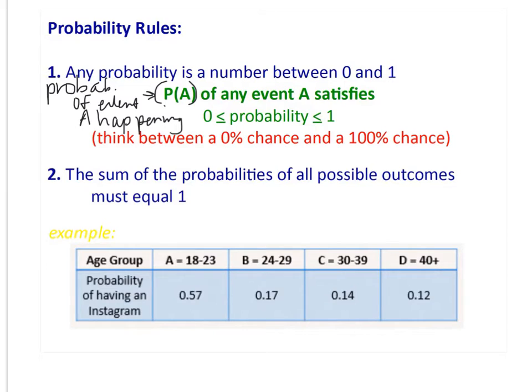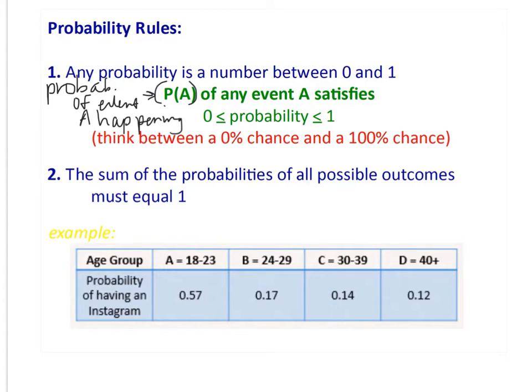The second rule is the sum of all the possible outcomes has to equal 1. So think everything has to add up to 100% in my sample space. If I look down here at this example, it says the age group, and it gives me 4 different age groups, and it says the probability of having Instagram. So what's the probability that 18 to 23-year-olds have Instagram, 24 to 29-year-olds, 30 to 39, and 40 and over?